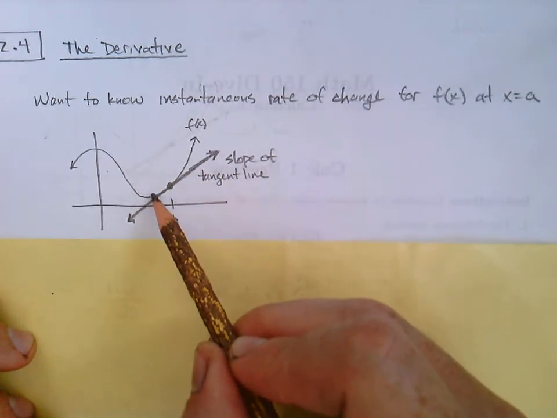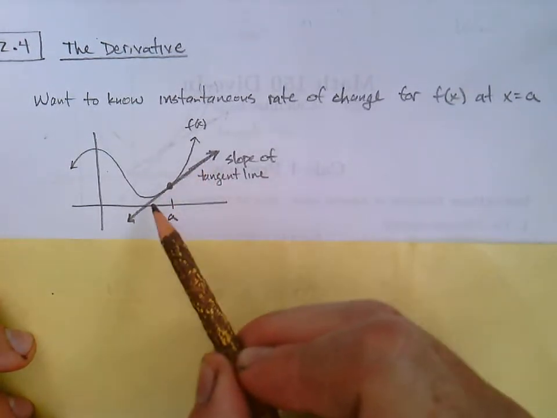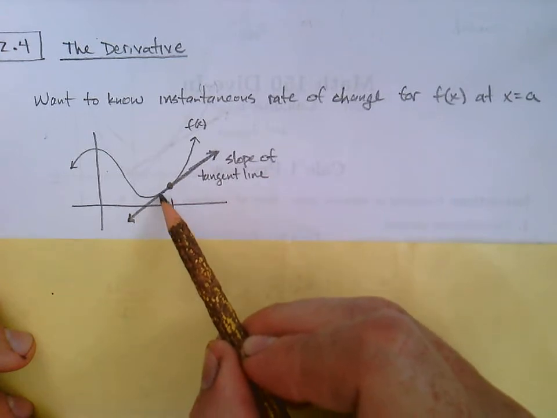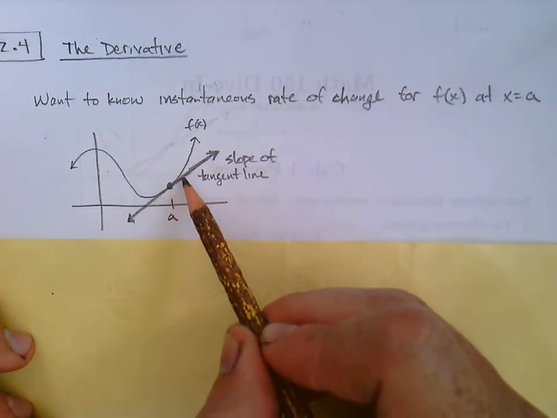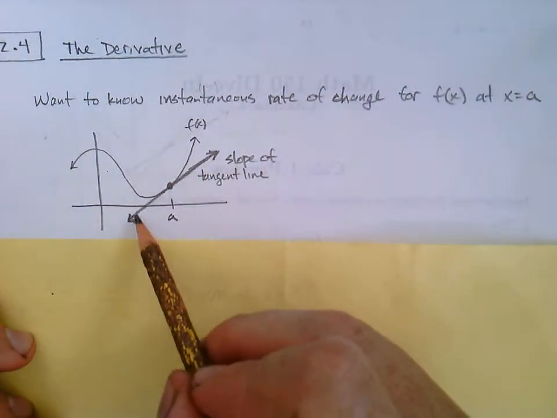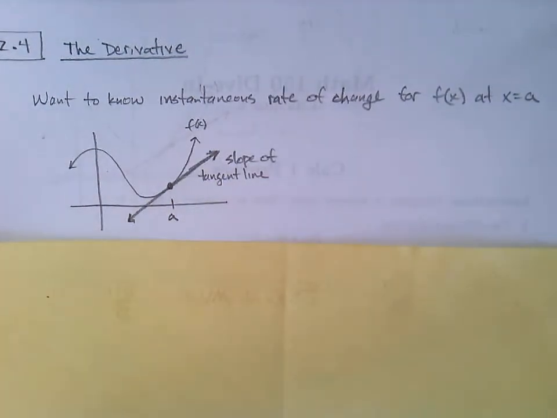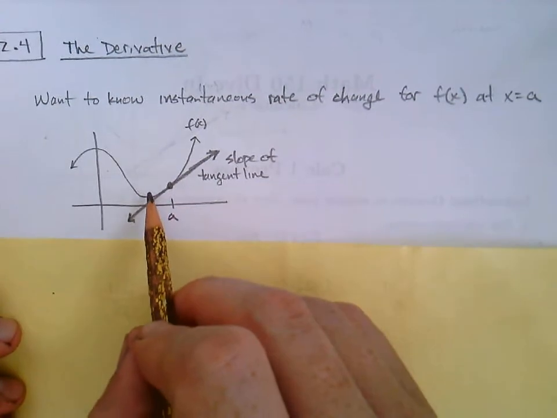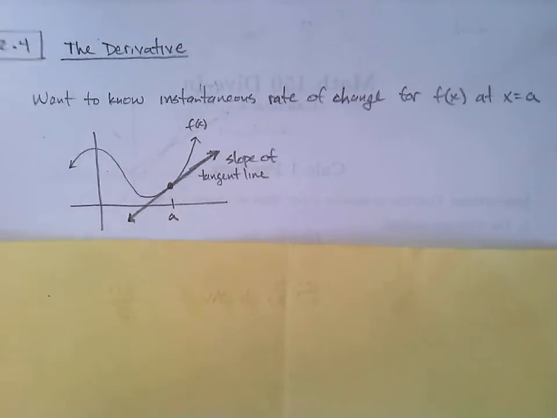So here the function is kind of going up and curving, so the tangent line will come and just skim by, and it will only touch the curve at that one point, and then it will just graze by and keep going off in the same direction. So that's the tangent line, and what we are really curious about is the slope of that line. That will tell us how fast is our function increasing at that one instant. So it's the instantaneous rate of change.